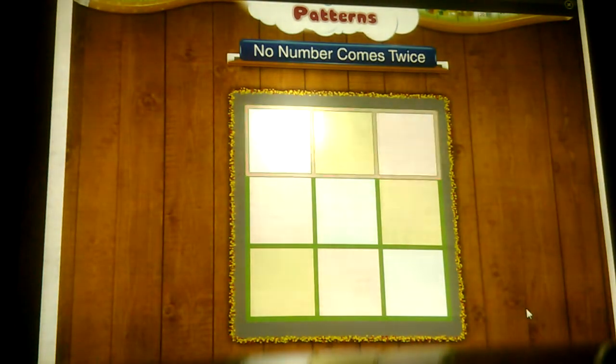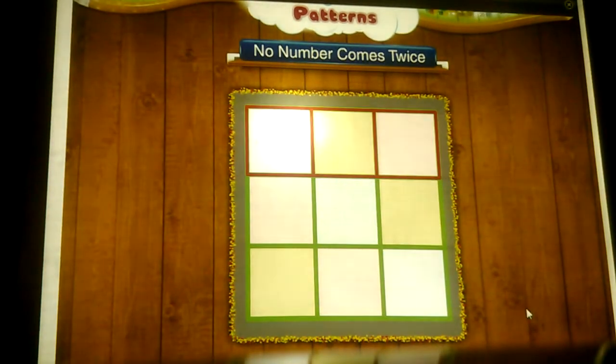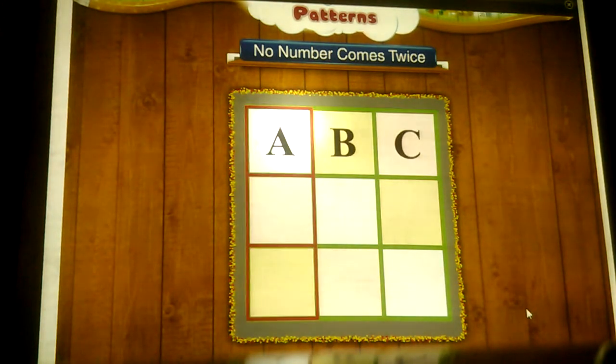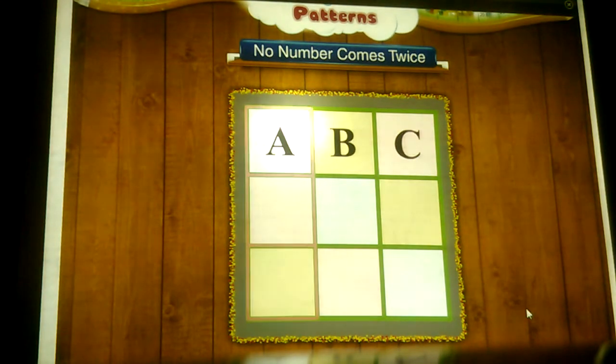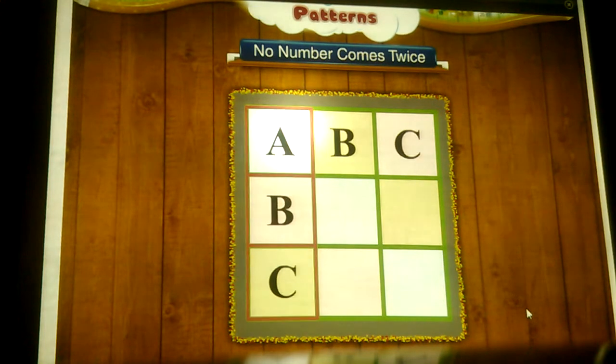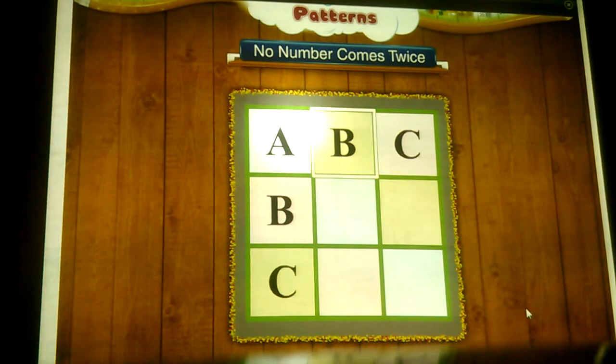In the first line, we will write A, B, C. The letter A is there in the first box. So let us write B and C here in the second and third box of the first column. Now there is letter B in the first box of the second column.